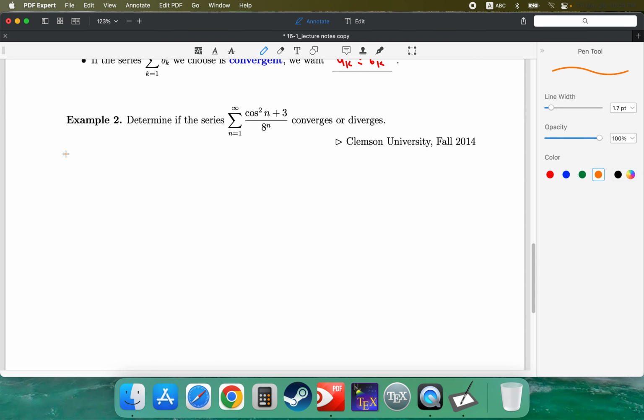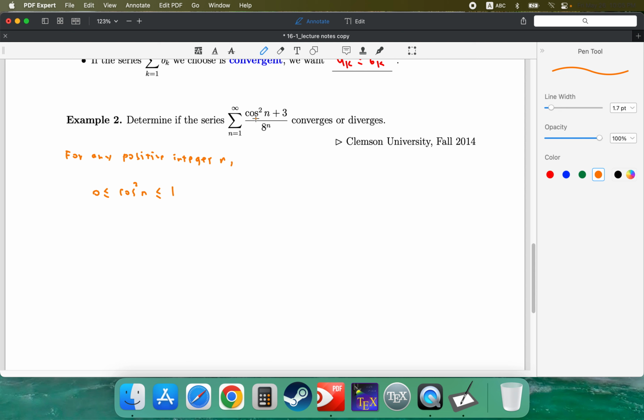So for any positive integer n, cosine square of n will always be between 0 and 1. I don't know what your input is, but I know the smallest value will be 0 and the largest value will be 1. Of course you can have 1/2, 1/4, 1/5, anything else. It's always between 0 and 1.